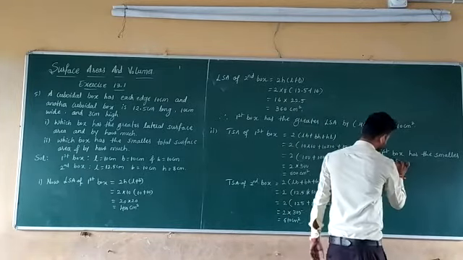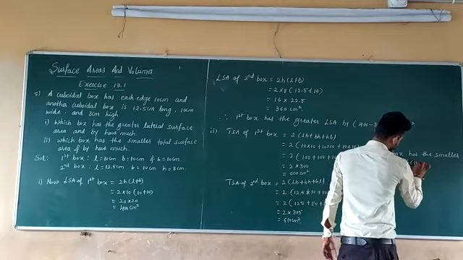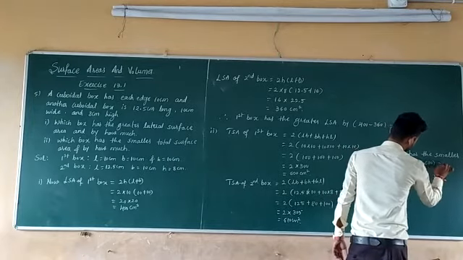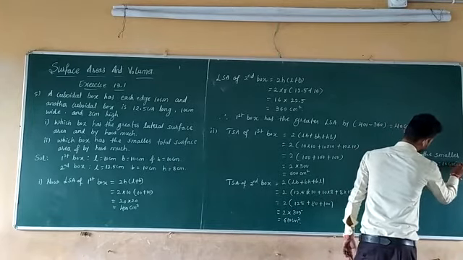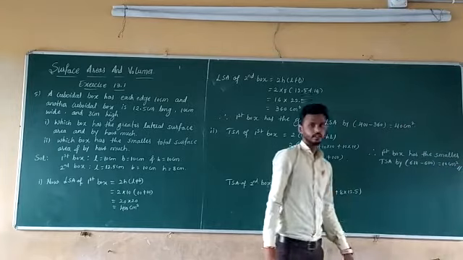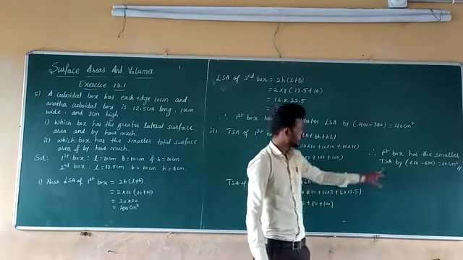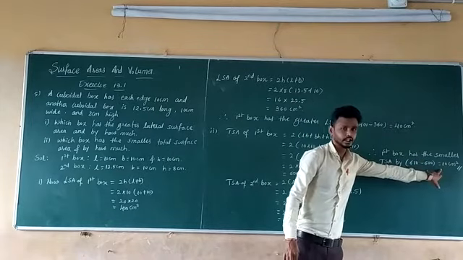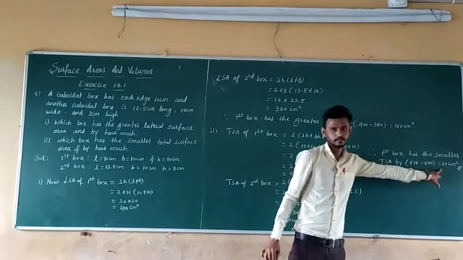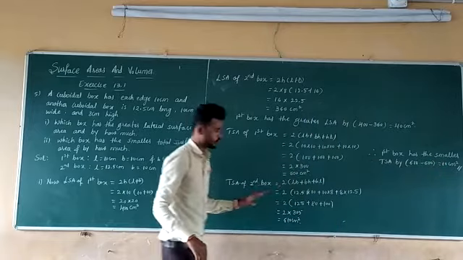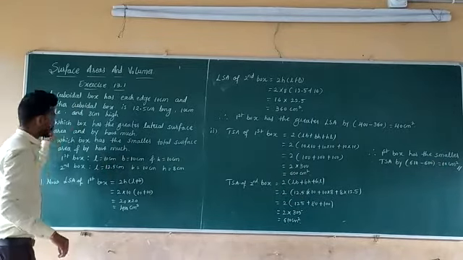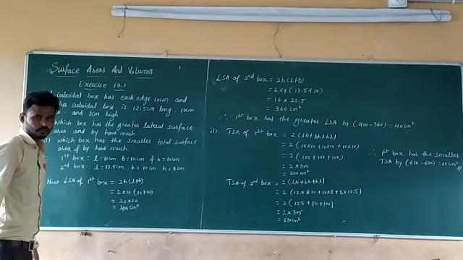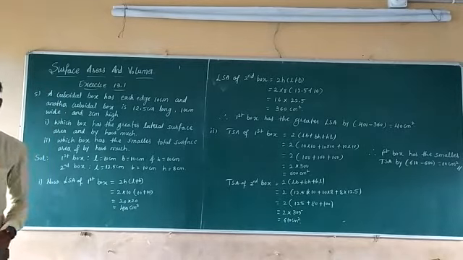By how much? Subtract 610 minus 600, which is equal to 10 centimeter square. So first box has the smaller TSA by 10 centimeter square less. So this is the solution of the fifth question. We'll see the next question.